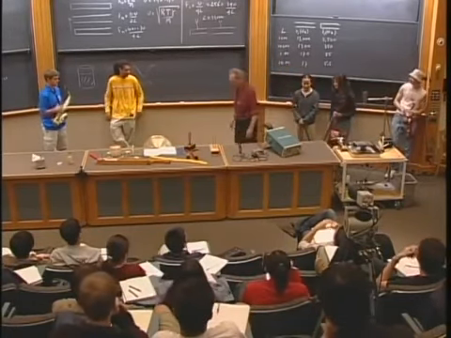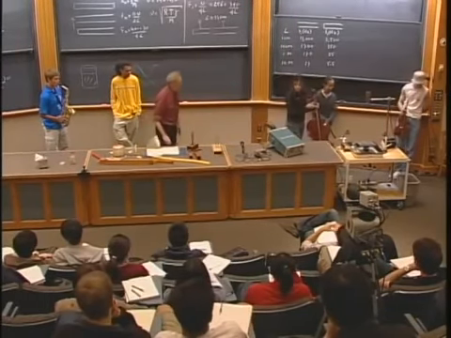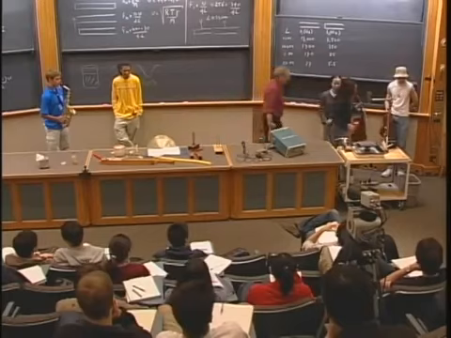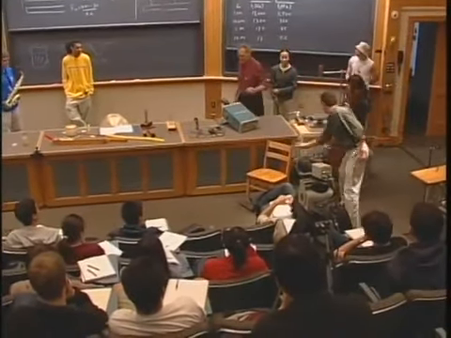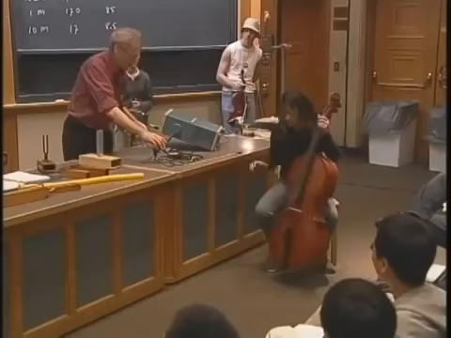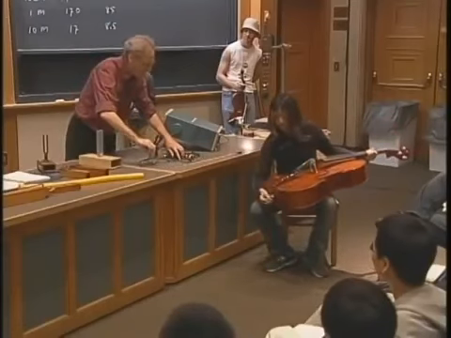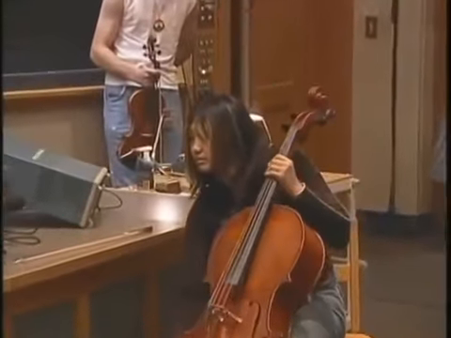Now we have a very special guest, Shauna Jin, who was so kind to go through the trouble of bringing her cello. Now do you think, Shauna, that you can come close to 440? Try that.